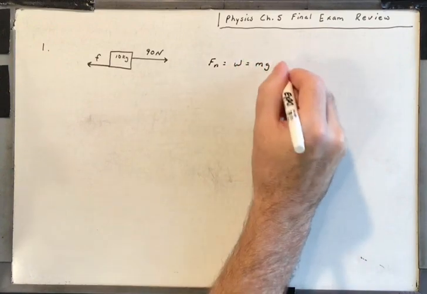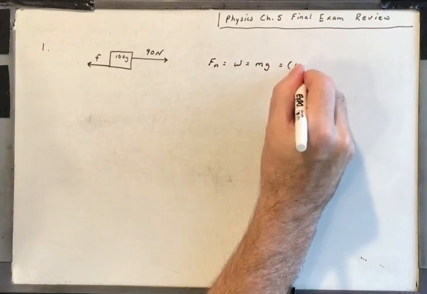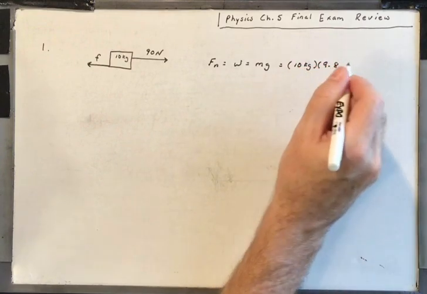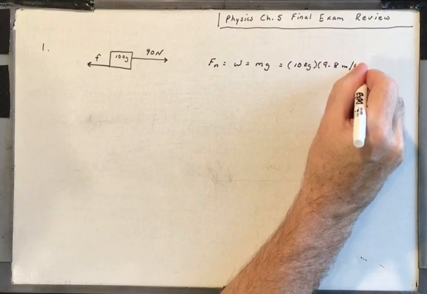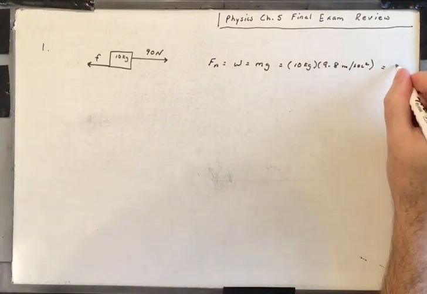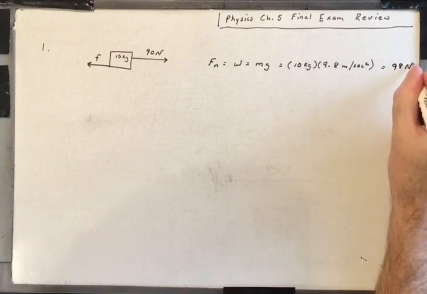We know this is on a flat surface, so the normal force is just going to be the weight, which is mass times gravity. So that's 10 times 9.8. So that's going to be 98 newtons.